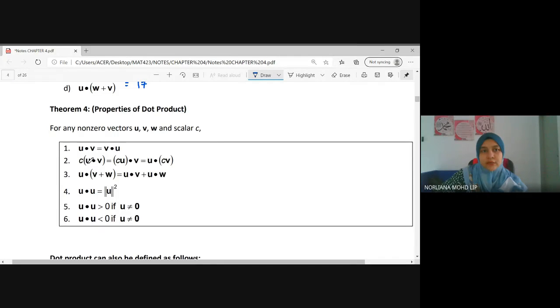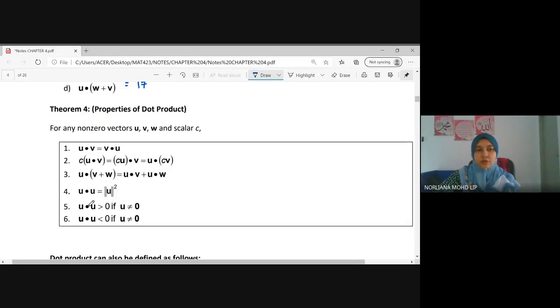Number 2, C times U dot V equal to CU dot V equal to U dot CV. Okay, number 3, U dot V plus W equal to U dot V plus U dot W. Okay, number 4, U dot U equal to magnitude of U squared.